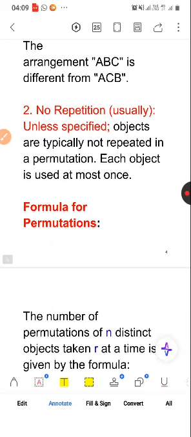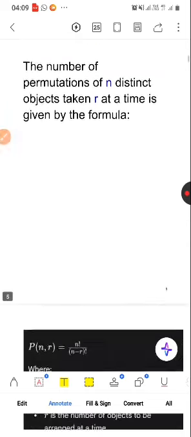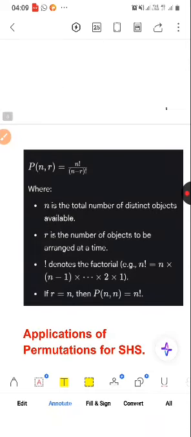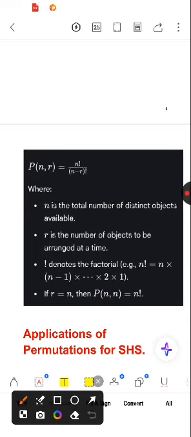Then we proceeded to talk about the formula for permutation where repetition is not allowed. Take note. This is how to denote permutation, and this is how to write the formula.